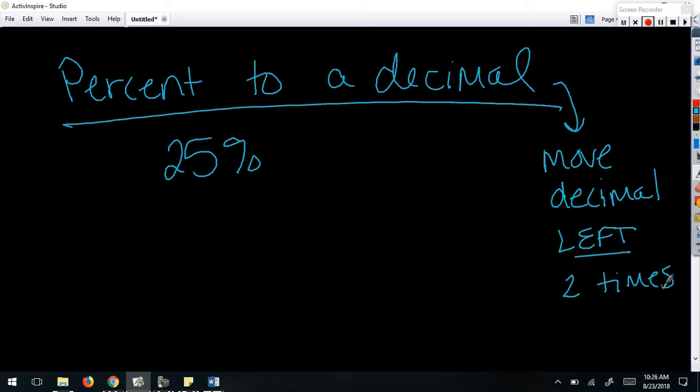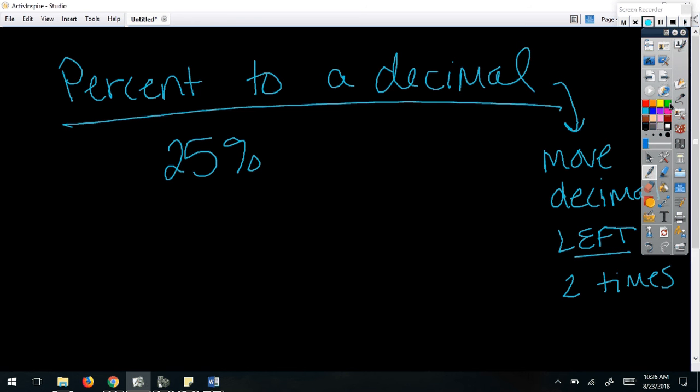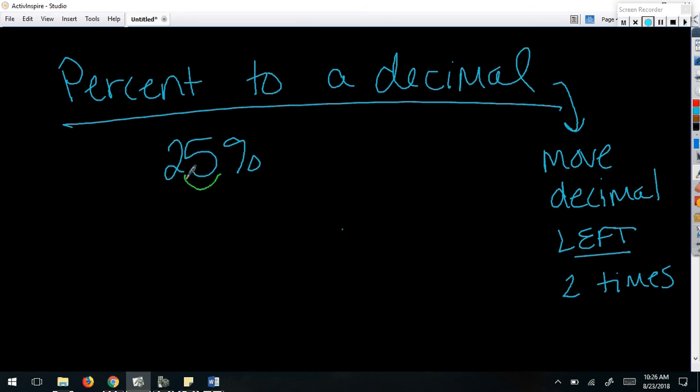If it's on the end right now, which it is, because any whole number has the decimal there on the end, I'm going to move it once, twice. So as a decimal, it's going to be 0.25. You are literally just moving the decimal. Y'all just said you're not good at it. Move it twice every single time.